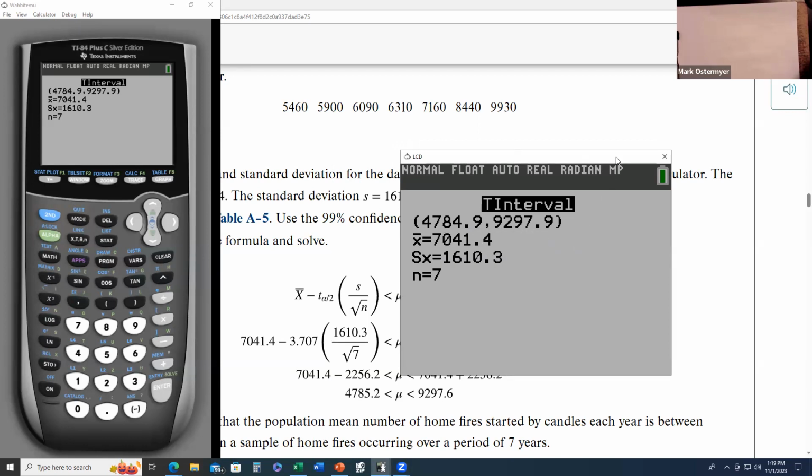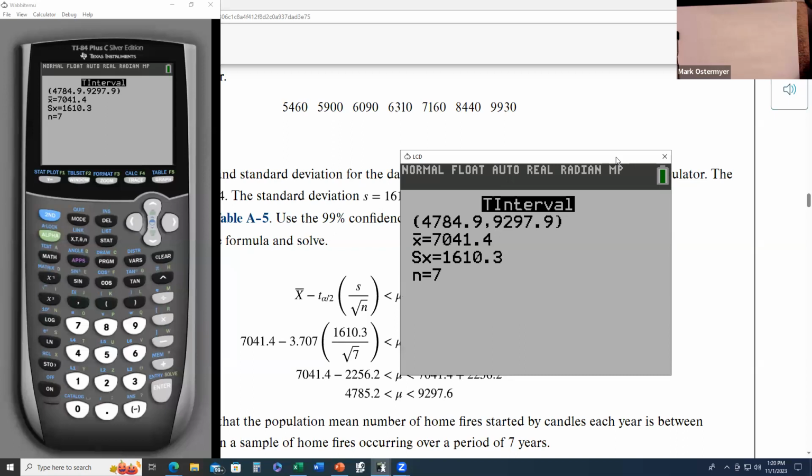Okay. So that would be your 99% confidence interval there for the unknown population mean of home fires that are started by candles on an annual basis.